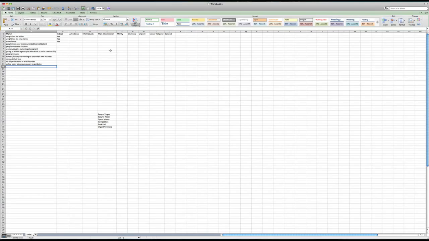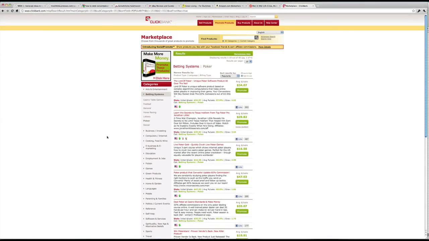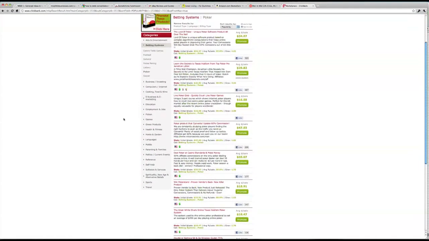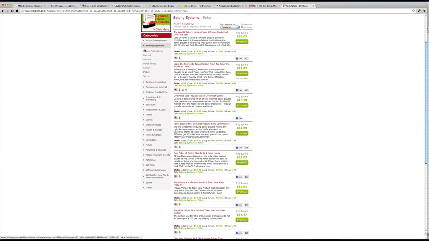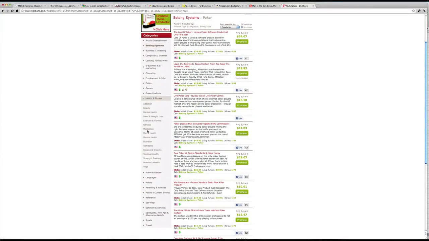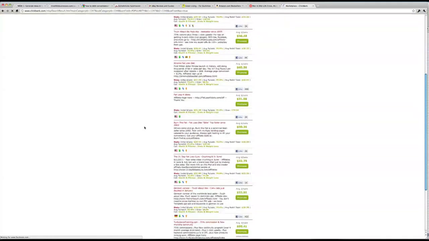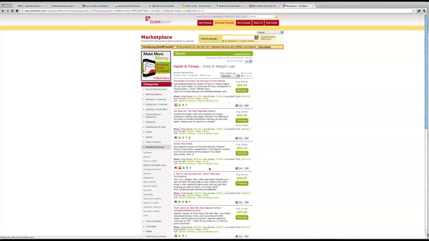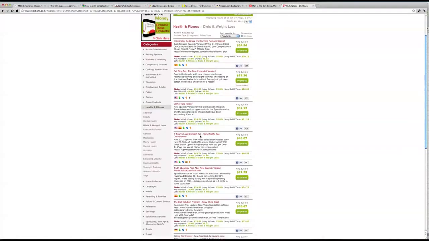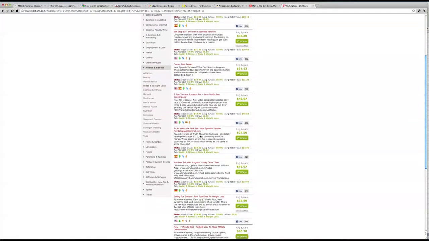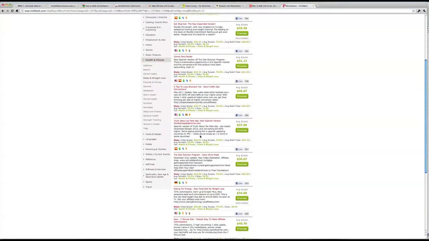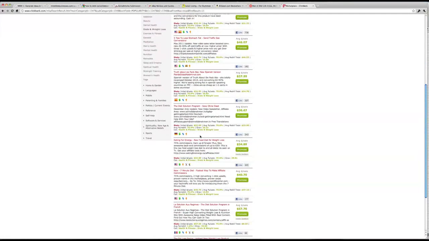Okay, so let's go back here and look at another one that I found before, which is down here under health and fitness. And oh yeah, weight loss, we know all about that. Diet and weight loss. There was one that I found the other day. These are all obviously the big selling ones, but we're going to move through here.